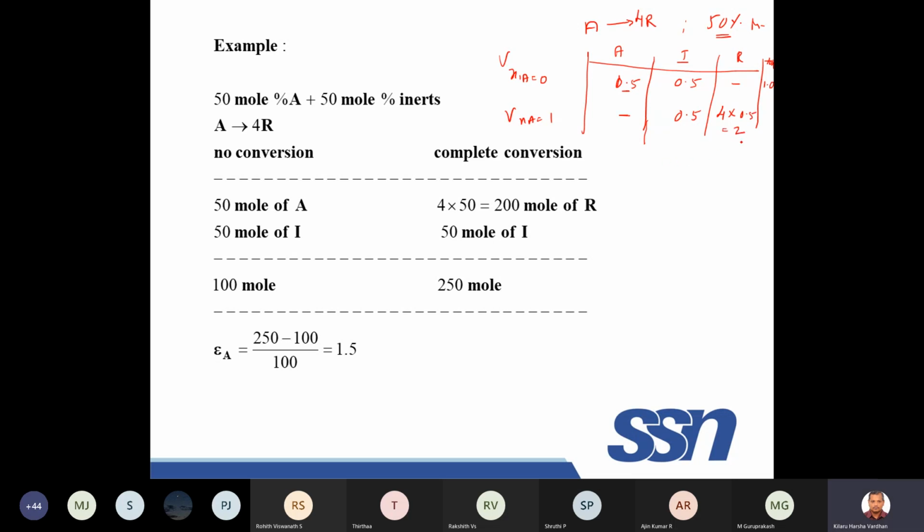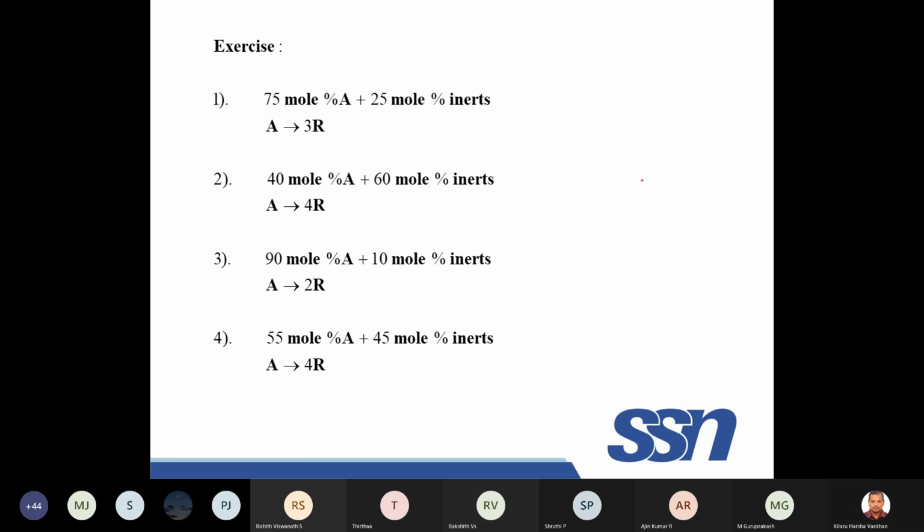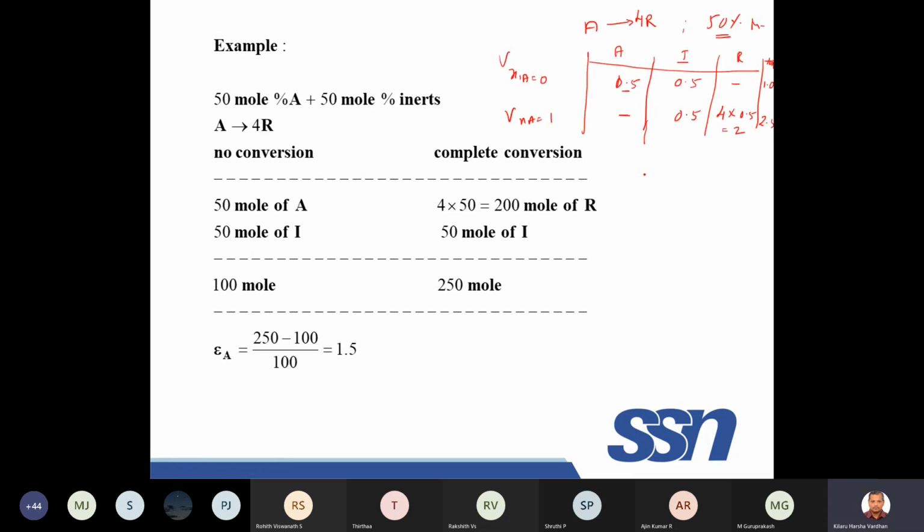So 2 plus 0.5 is 2.5. Now, what is expansion factor? Epsilon A is V at Xa equal to 1 minus V at Xa equal to 0, divided by V at Xa equal to 0. So epsilon A is 2.5 minus 1, divided by 1, that is 1.5.